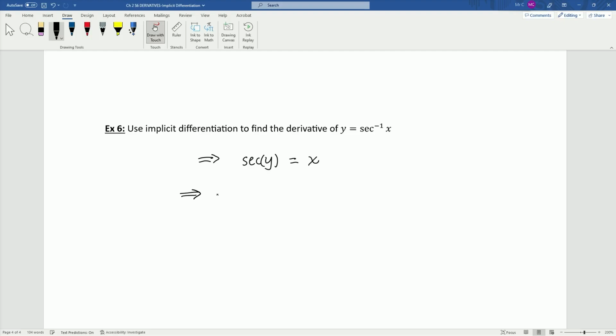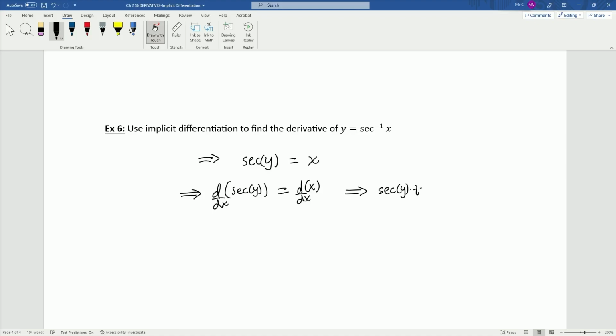Then I'm going to take the derivative with respect to x of both sides of the equation. And that's going to give me, well, the derivative of secant is going to be secant of y times tangent of y.